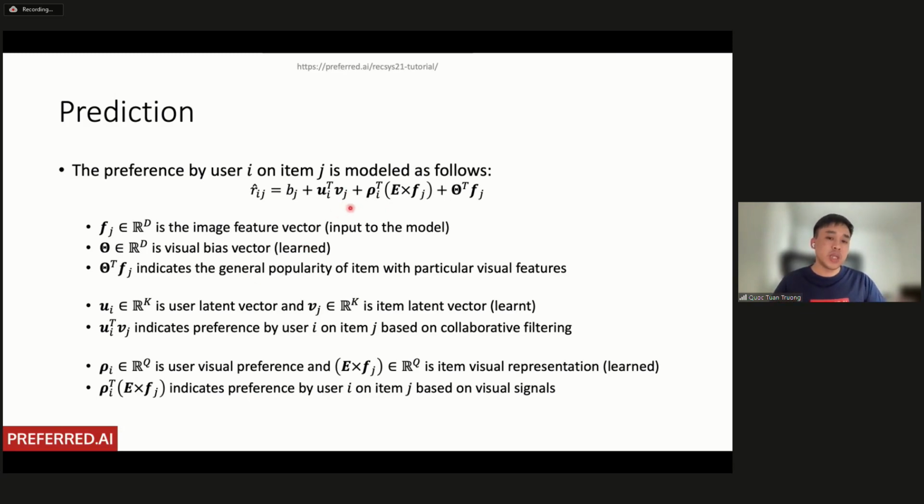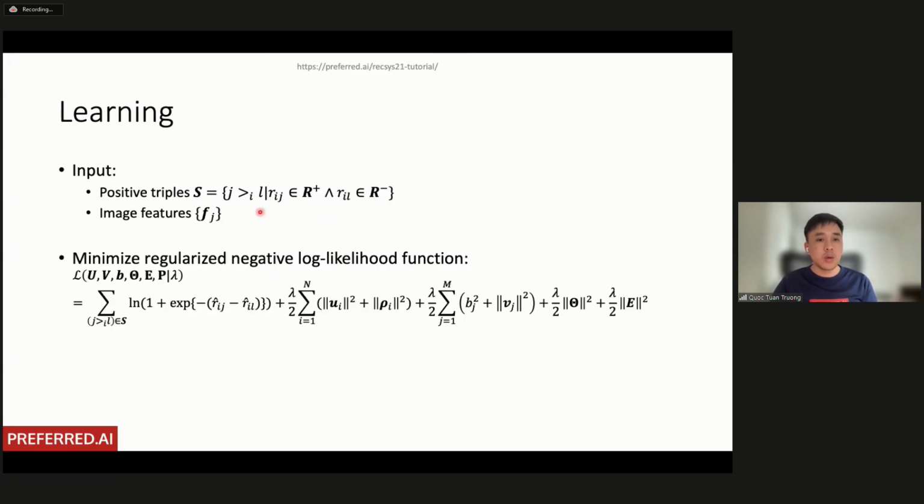With such terms, we can make a prediction of the rating value between the pair of user and item. Then we can put it into our learning framework, because they make use of the BPR building block.